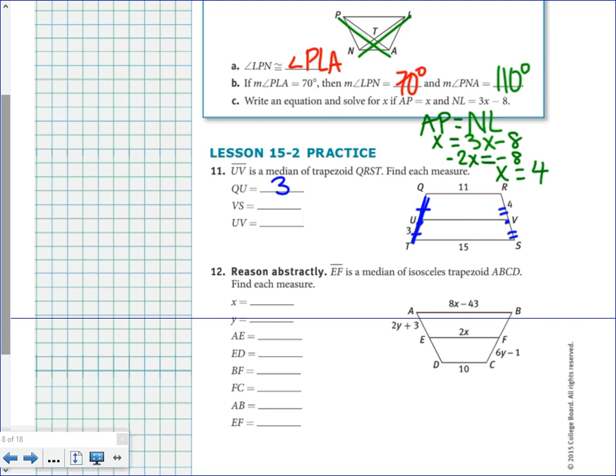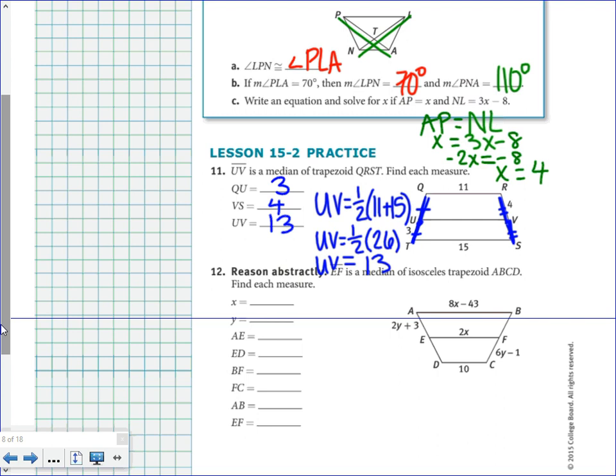On the right side, if RV is 4, that means that VS is also 4, because V has to be the midpoint of those sides. Then, UV is your median. So UV is half of the sum of the two bases. So UV is half of 26, which means that UV equals 13.